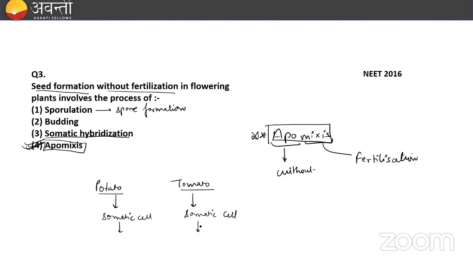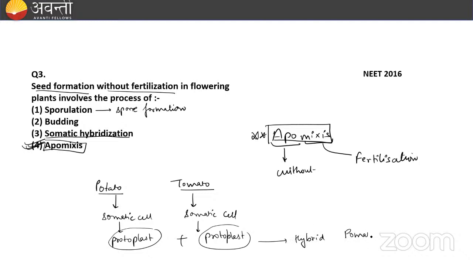So these cells are first exposed to the respective enzymes so that their cell walls are dissolved. After removing their cell wall, what we get is the protoplast. So the protoplasts are fused to form a hybrid, and the hybrid name is pomato.